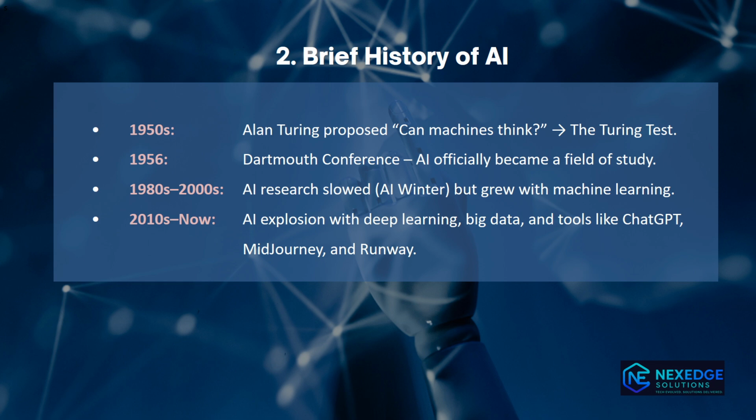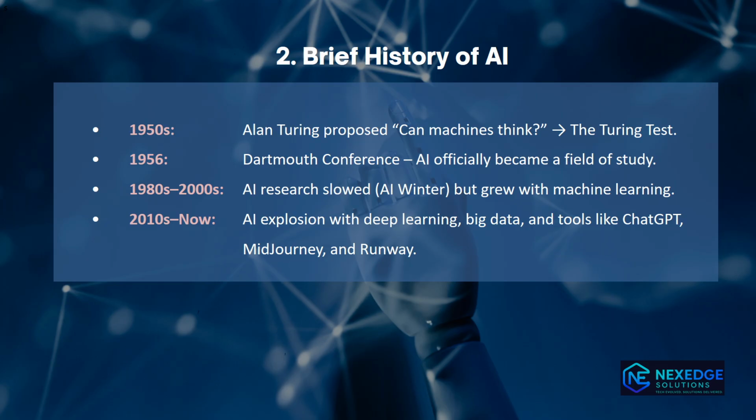So the AI explosion with deep learning, big data, and tools like ChatGPT, Midjourney, and Runway has been so fantastic, because a lot of innovations, a lot of developments, a lot of things have come in place with the advancements of AI.